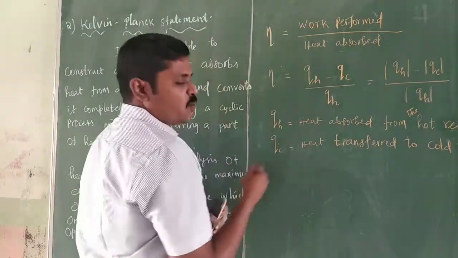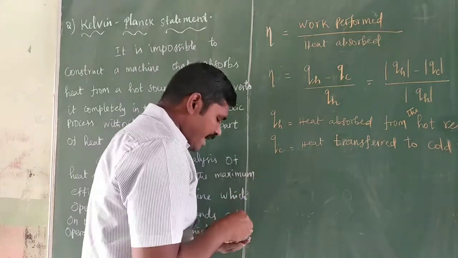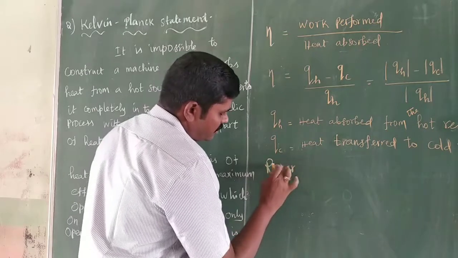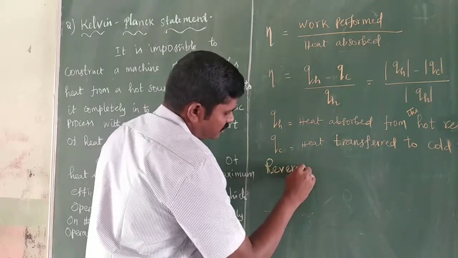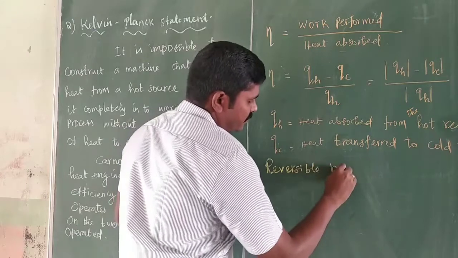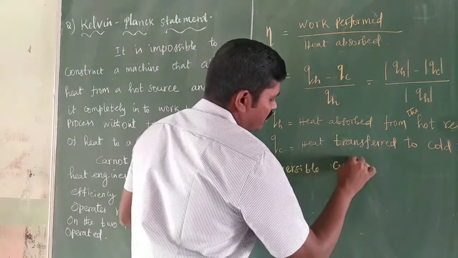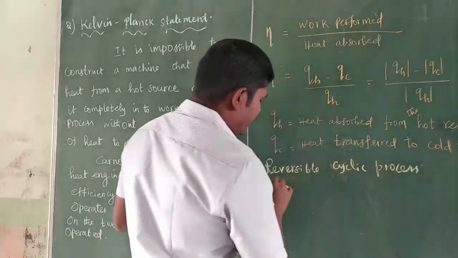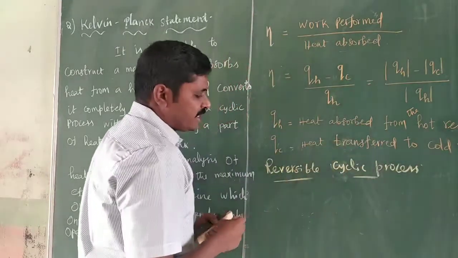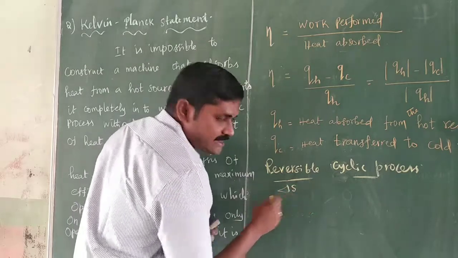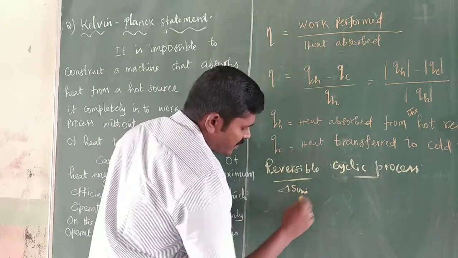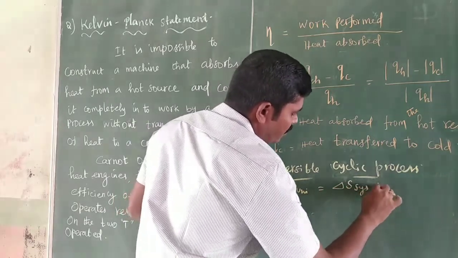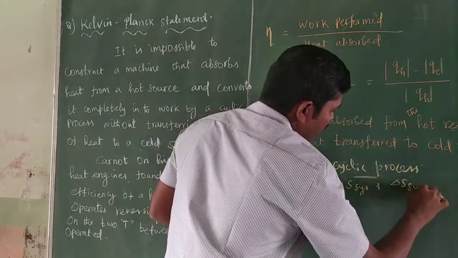In a reversible cyclic process, del S universe is equal to del S system plus del S surrounding.